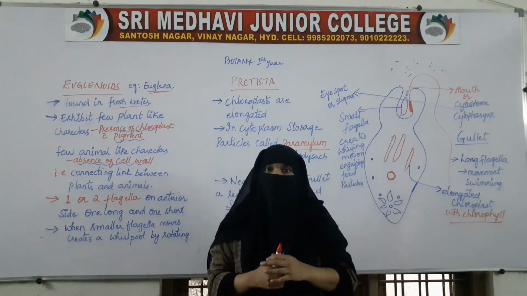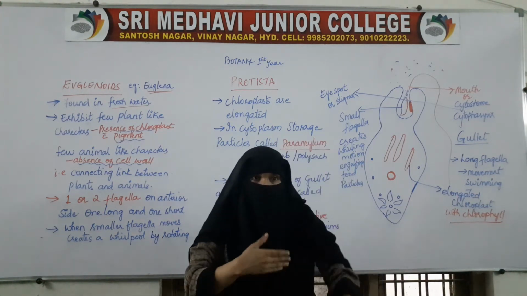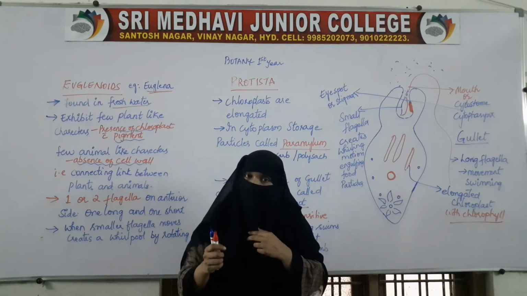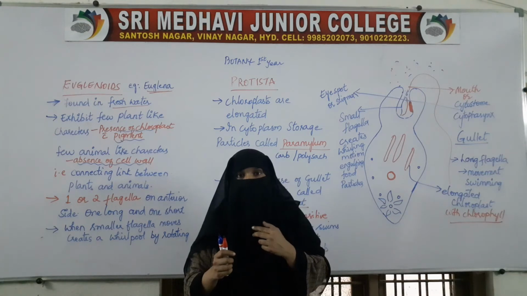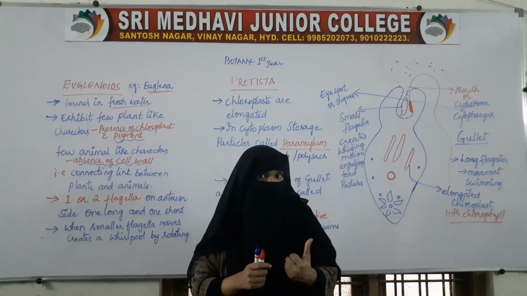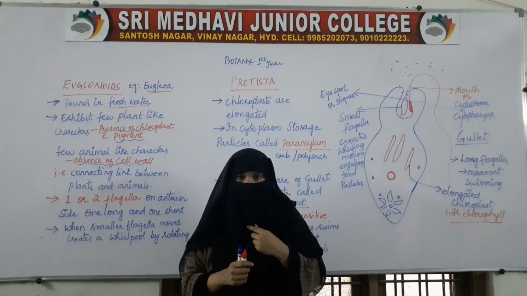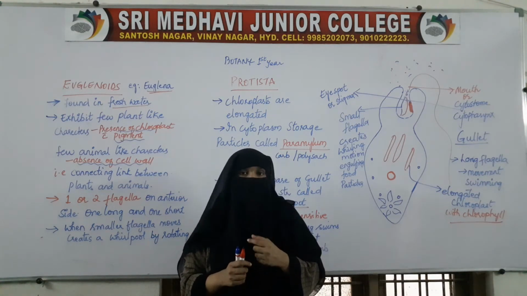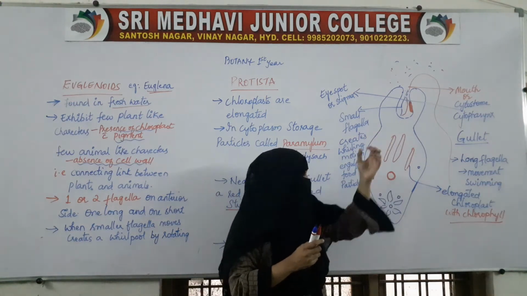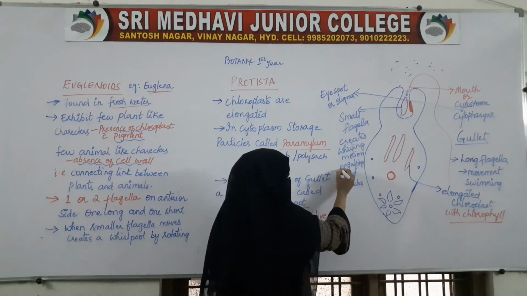So they behave as animals, depending on the surroundings for food, and sometimes they behave as plants, that is, when sunlight is there, they can prepare their own food. Plant-like character is because of the presence of chlorophyll, and when sunlight is not there, they show the holozoic mode of nutrition.